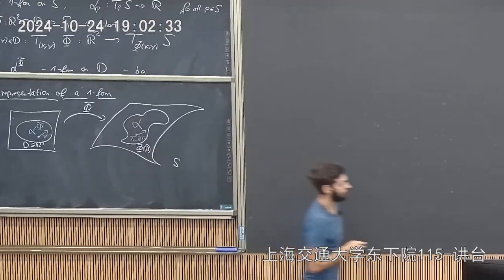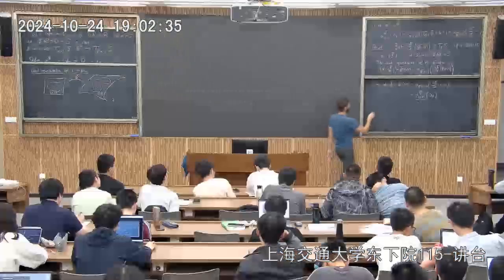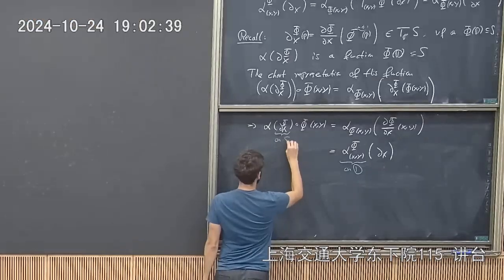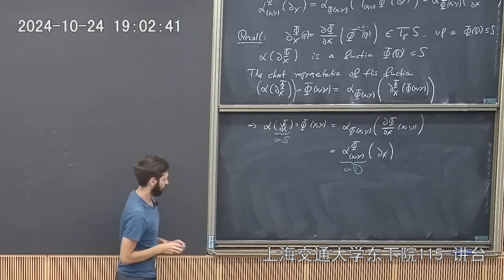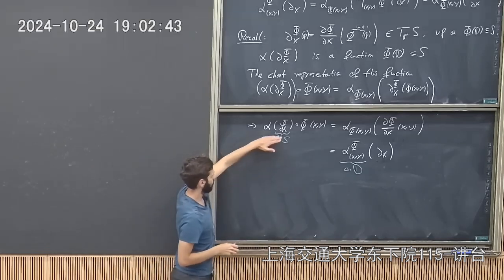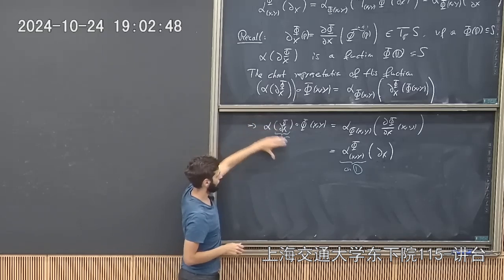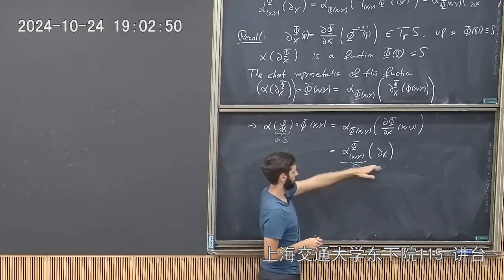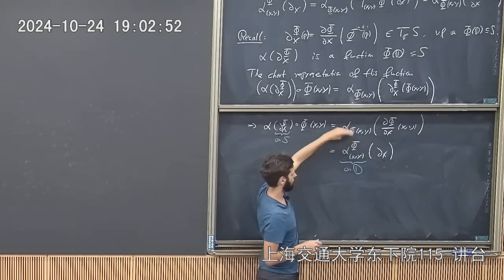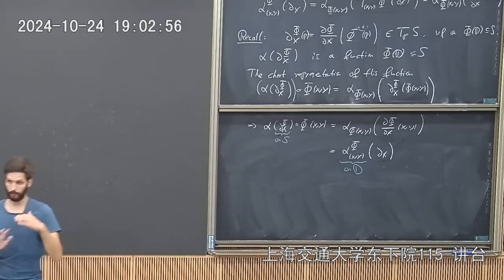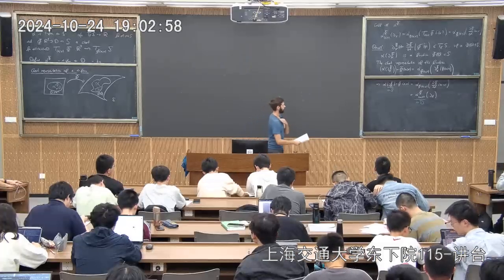So that one is actually on S. So what we do is relate something that lives on S, like an alpha, and calculate the coefficients of the chart representation. So that's really a way to get back and forth.